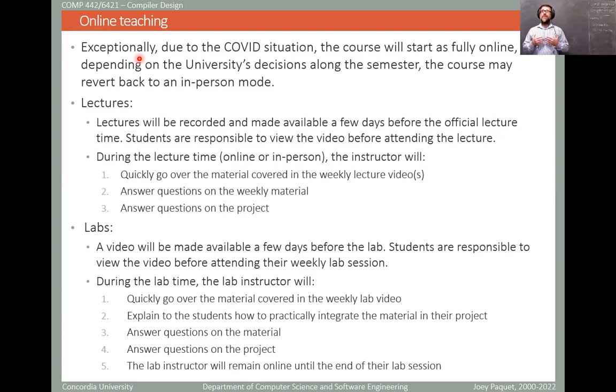What's going to happen is that we're going to start, I believe, with the first 3 weeks of teaching, until the end of January, online. Then hopefully we'll get some clear statement as to when we should expect to start again after that. We don't know how the situation is going to evolve with COVID.